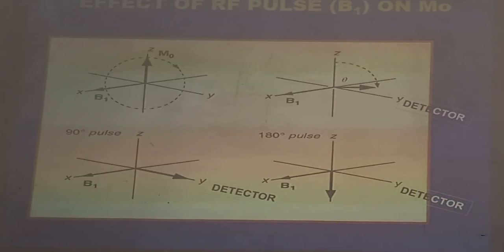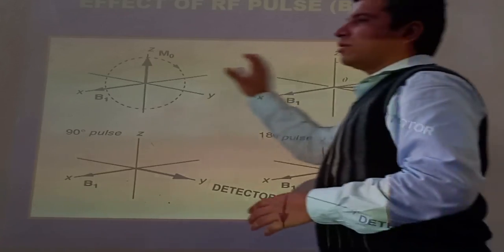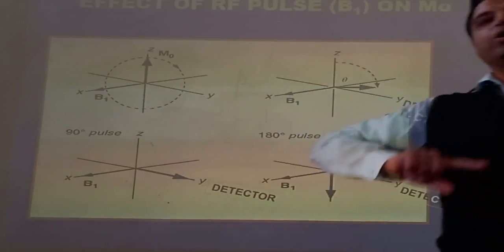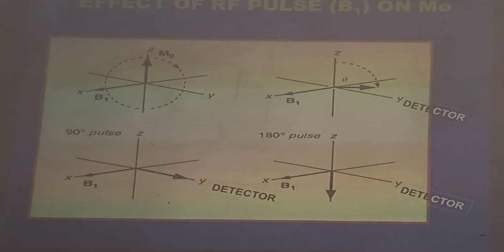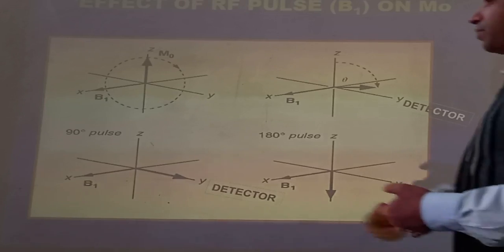As I told you earlier, two things are important: the direction and the angle. From the direction you can determine in which direction M0 is going to move, but at what angle? So the angle is also important.